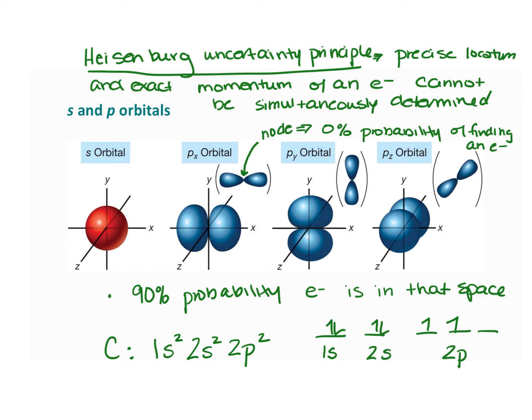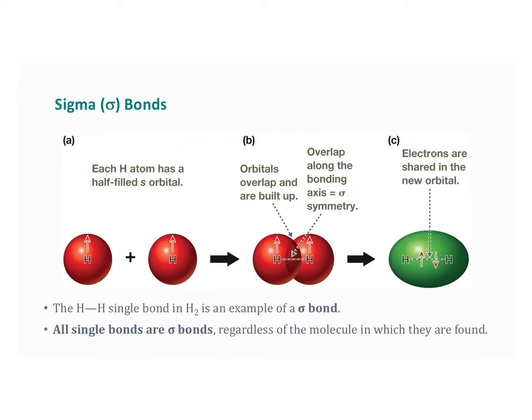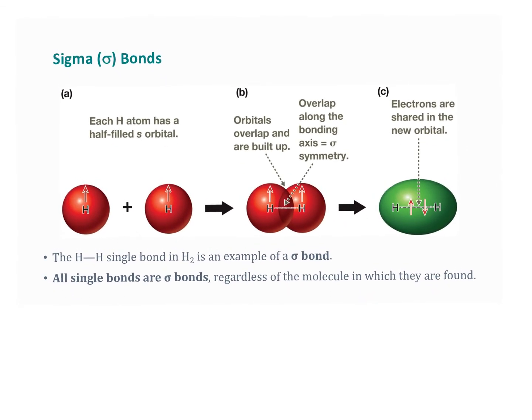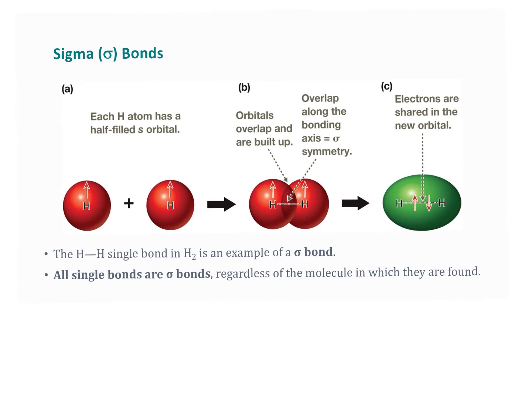So that's what we see. Let's talk about now how these orbitals overlap and form bonds. We are going to look at one of the simplest molecules that you can apply valence bond theory to, and that's hydrogen, right? So we're looking at H2. The 2 hydrogen atoms that we see here are the individual hydrogen atoms.